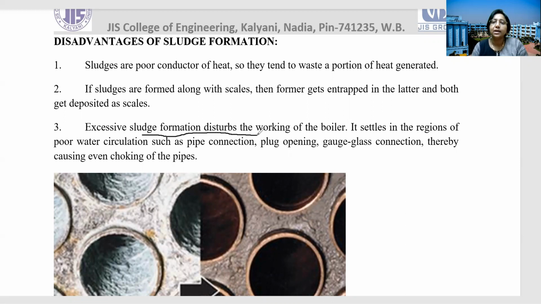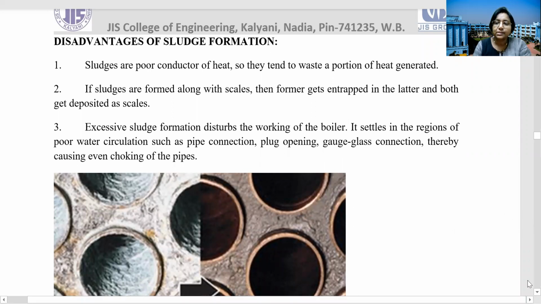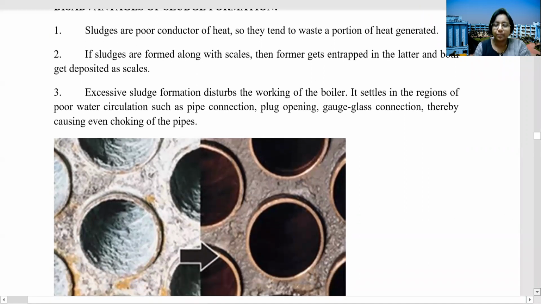It settles in the regions of poor water circulation, such as pipe connections, plug openings, gauge glass connections, thereby causing choking of the pipes. So these are the problems with sludge and scale formation.